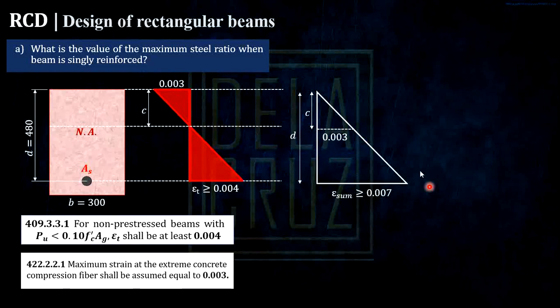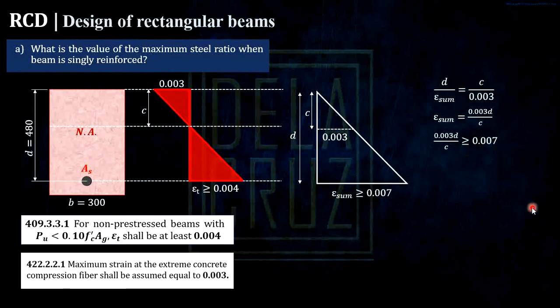As you can see, we can use the similar triangle theorem, or the ratio and proportion. d is to this epsilon sum as c is to 0.003, and equating this in terms of the epsilon sum, ito yung lalabas. Satisfying this inequality, the epsilon sum is 0.003 d over c.